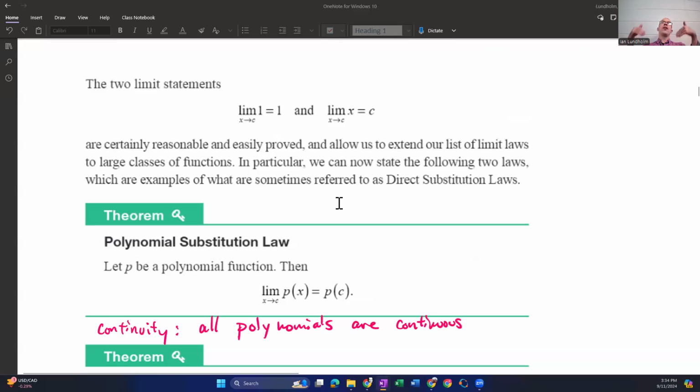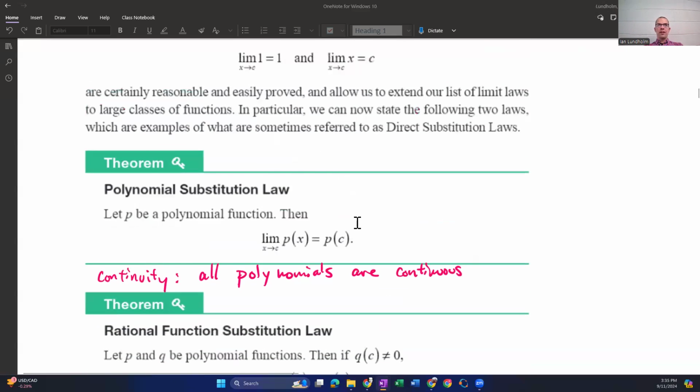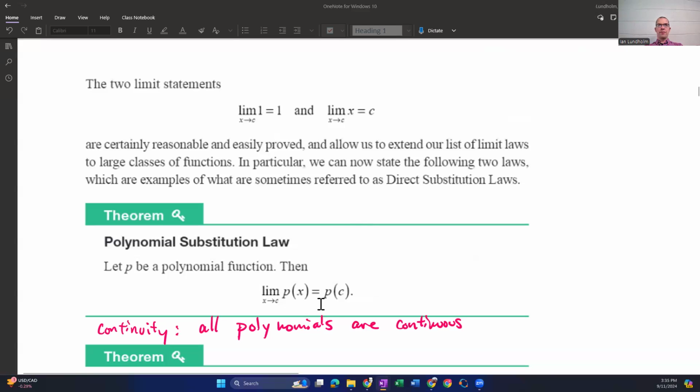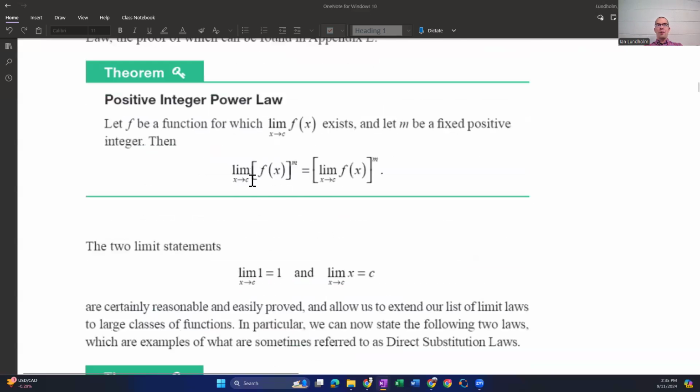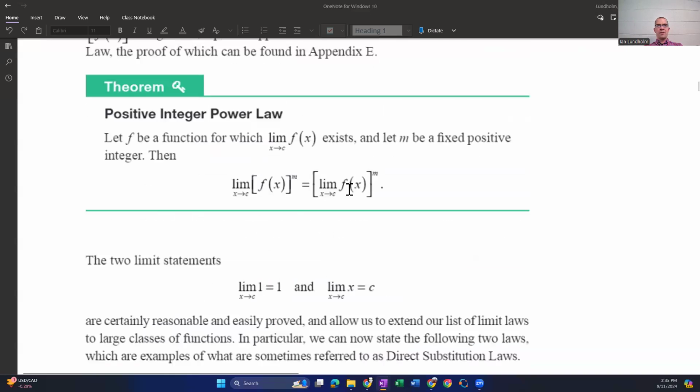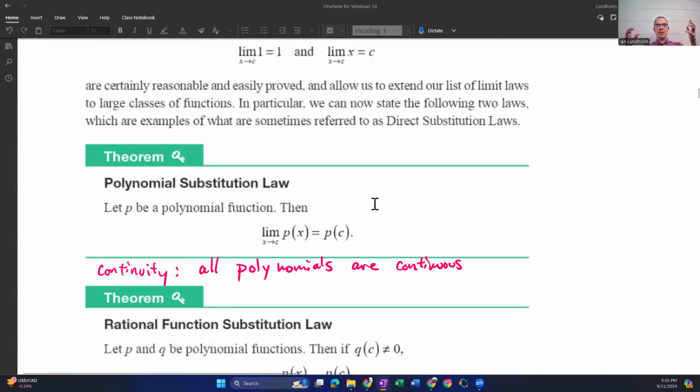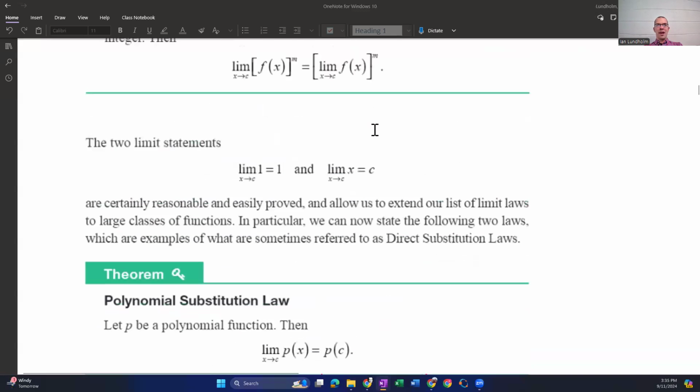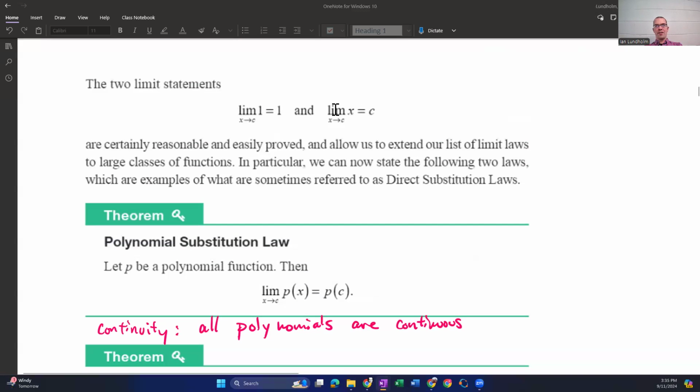Those two, along with the other laws, kind of form a basis for direct substitution. A polynomial is just a bunch of different power parts of a function all into one. And you can base it off of powers of this function involving x.